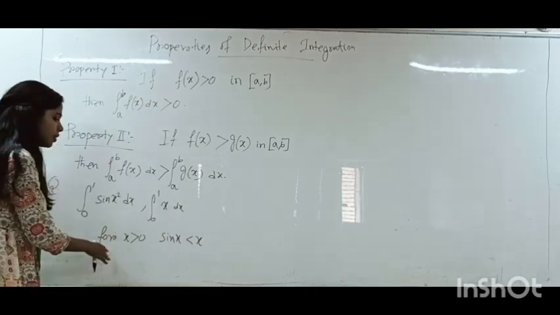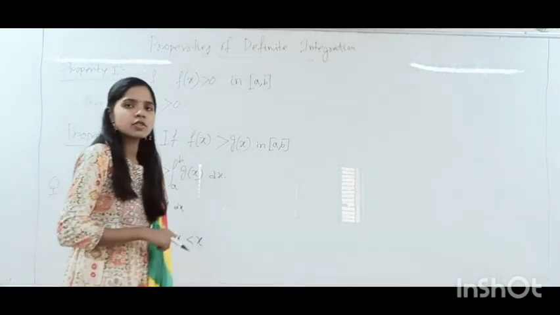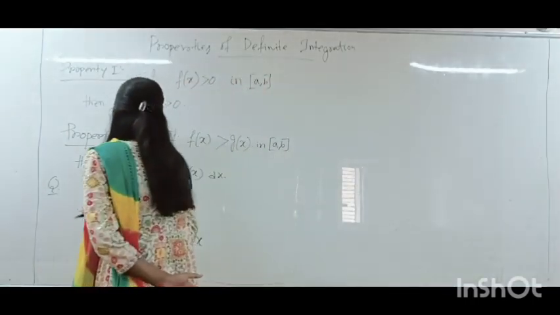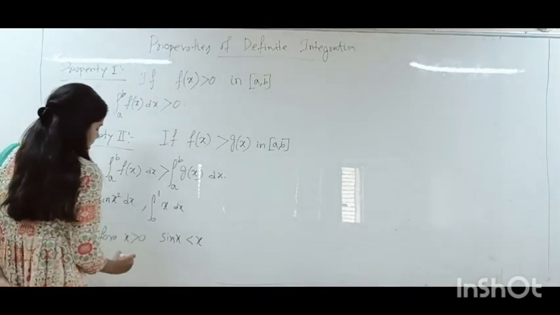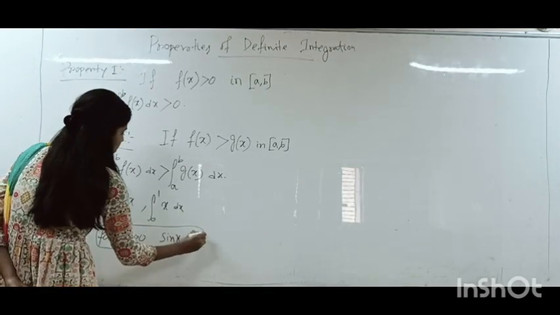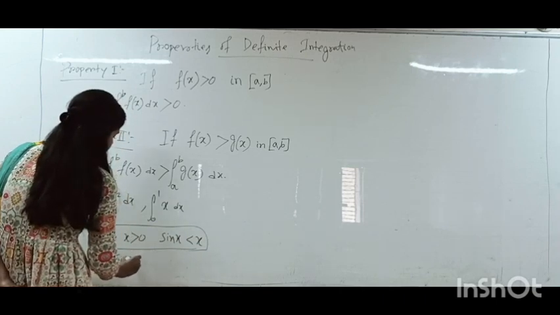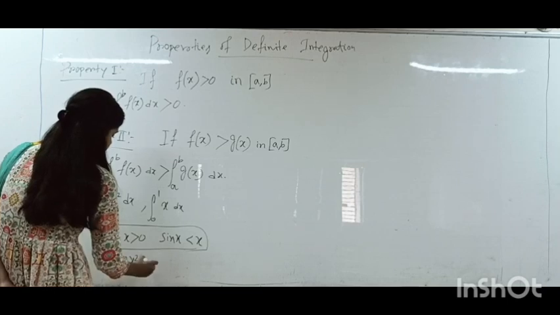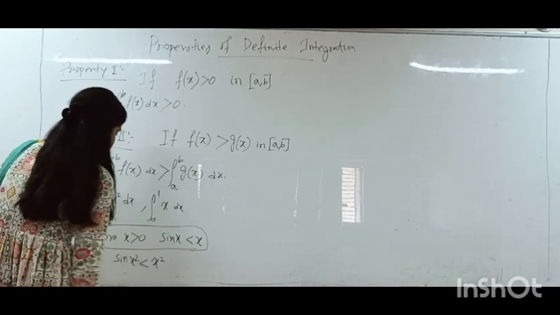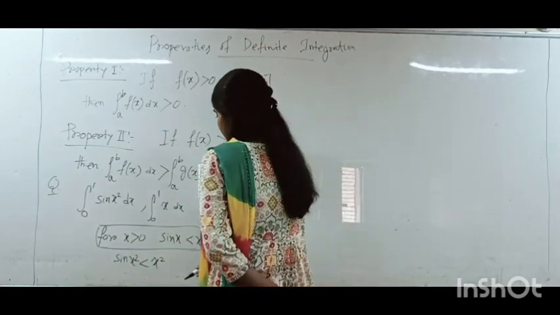If it is true for x greater than 0, we know that x square is a square term and it is always positive, so x square is greater than 0. So that means sin of x square is less than x square.